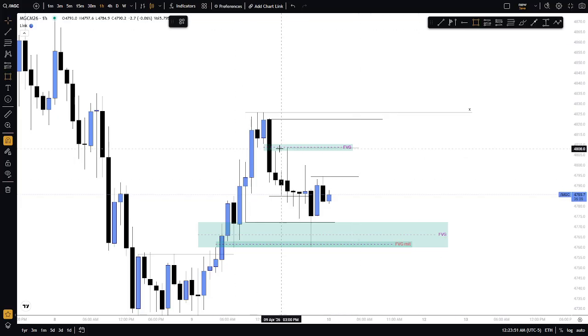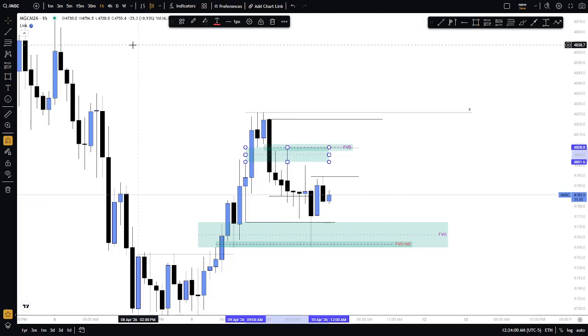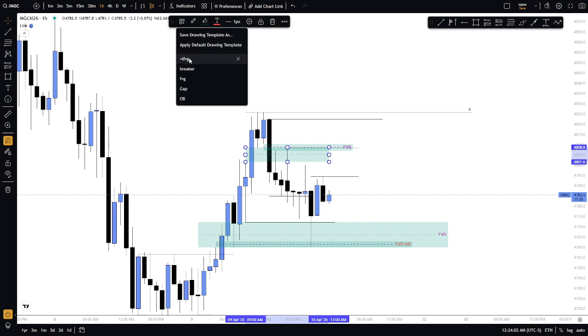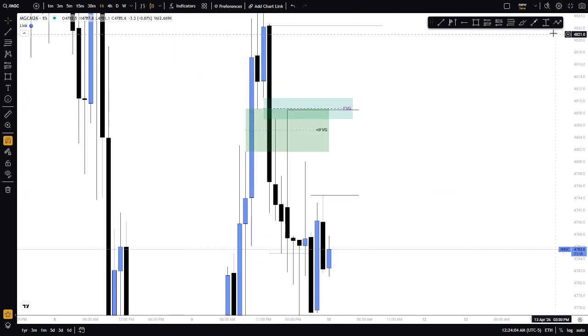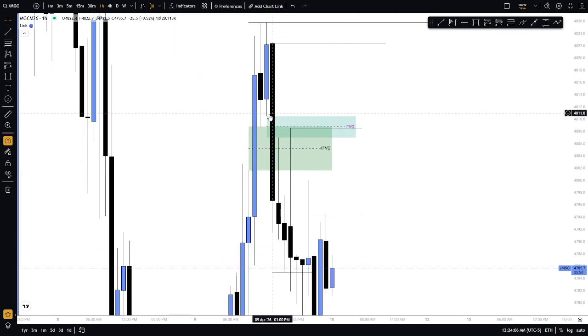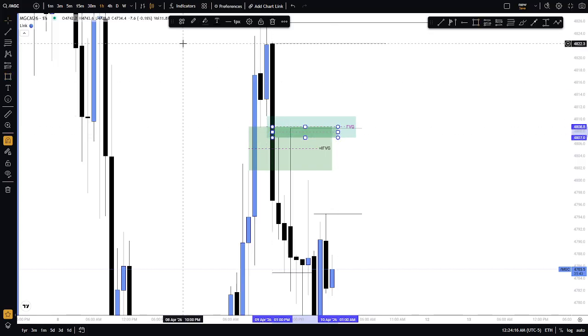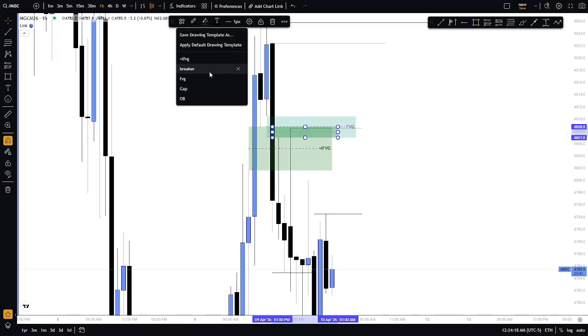Also, we can see along with this fair value gap, we have one right here that we come across. No, it's inverted. However, it creates this overlapping zone where a fair value gap and an inversion overlap, a concept that is a very high confluence area, such as a BPR.